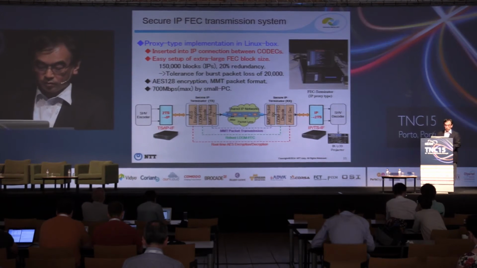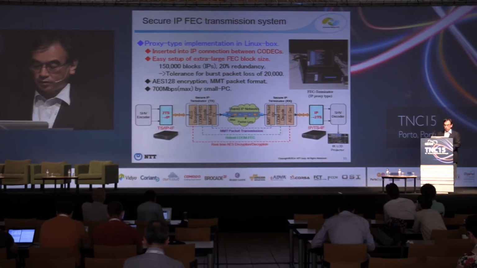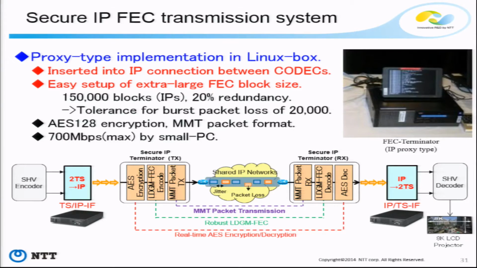We implemented Fire Photo LDGM FEC into a simple PC system, which works like a proxy server. So we can easily insert these boxes into the 8K codec system developed by NHK. Fire Photo FEC is so lightweight, we could set the FEC block size to as much as 150,000 packets.